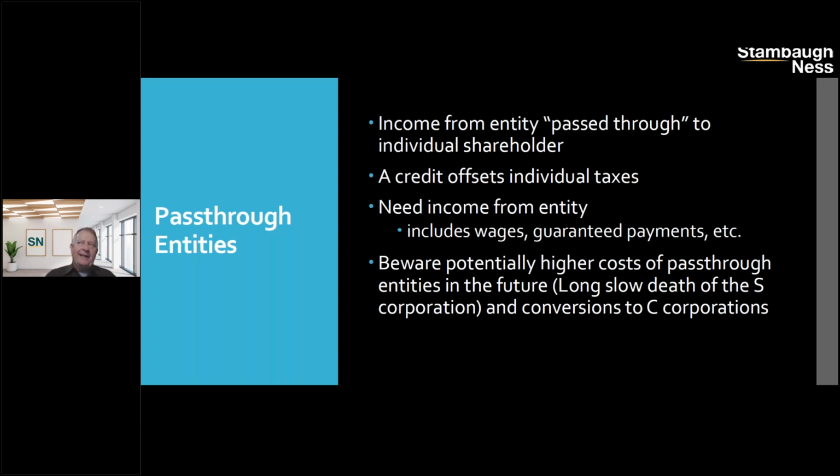So again, it's not planning in a vacuum of one planning tool versus another. It's really using everything that's at our disposal to give you the best bang for the buck. And my final bullet point there talks about there potentially being higher costs to pass-through entities if this net investment income tax provision goes through.